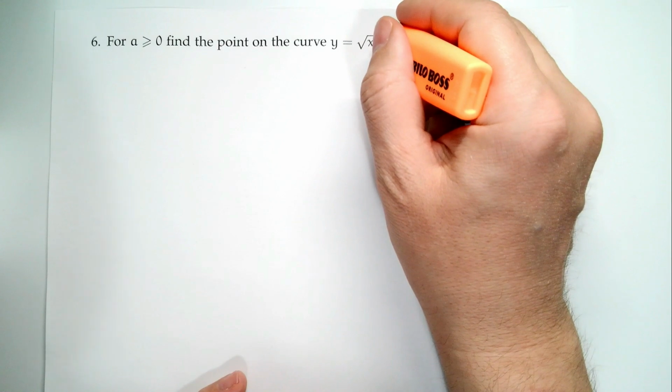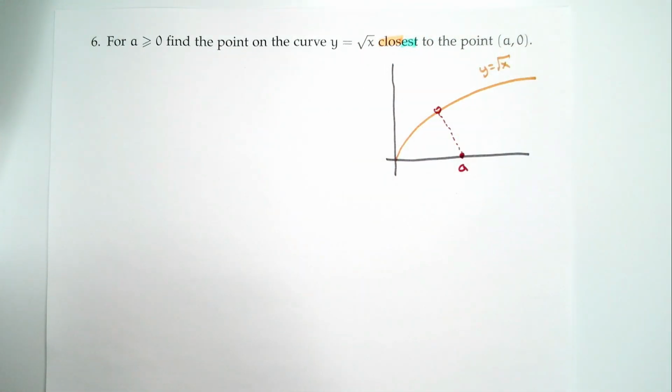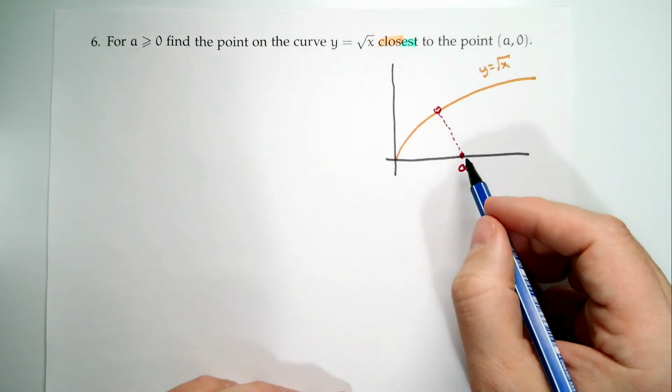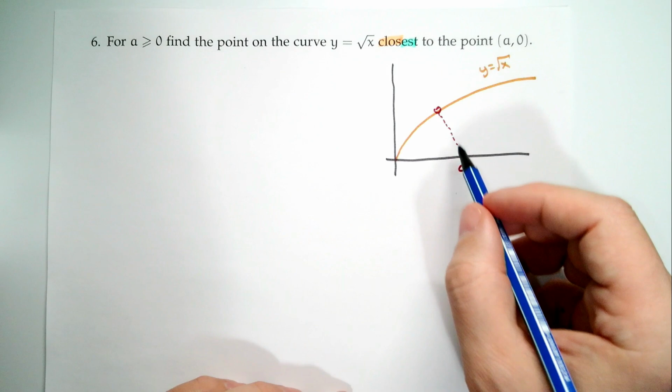Now what are we optimizing? Well, closest. When we're talking about closest, that really means distance. So this is an optimization problem that involves distance. We want to get our distance as small as we possibly can. So we need to figure out our distance from A to that curve.